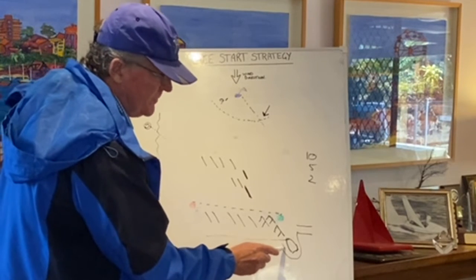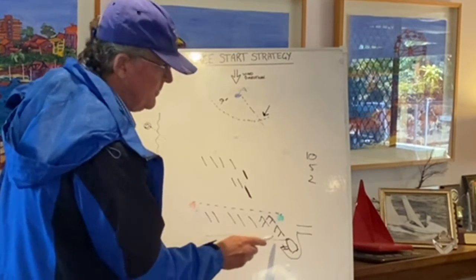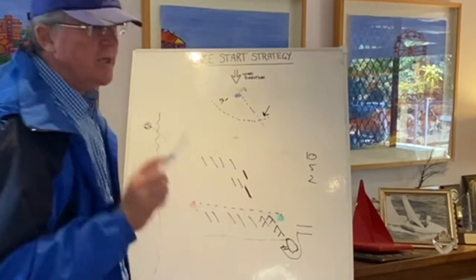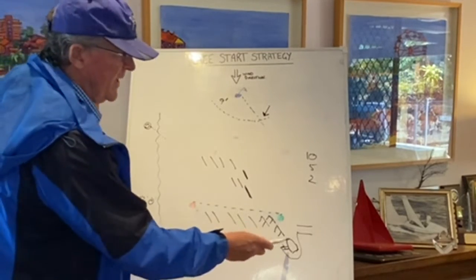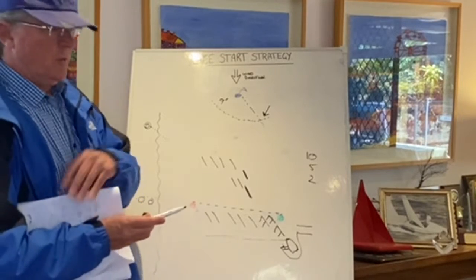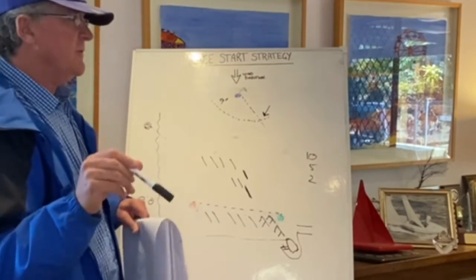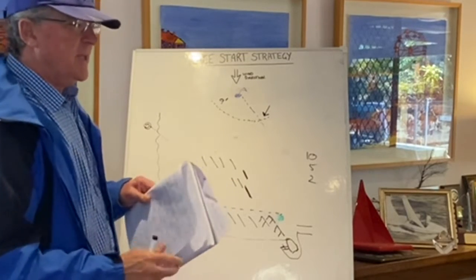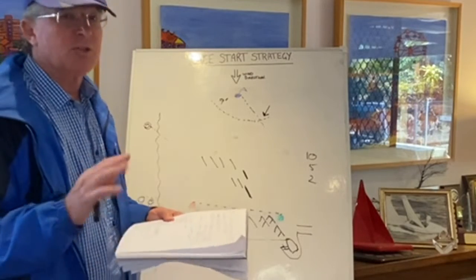So space will be created in this zone here, and that will give you enough room to bear away. You need basically half a boat length or a boat length to bear away and maximise your speed at the start. I usually bear away about 20 degrees on the start, 20 degrees from the 45 degrees, to try and get my maximum speed up and have a fast crossing.